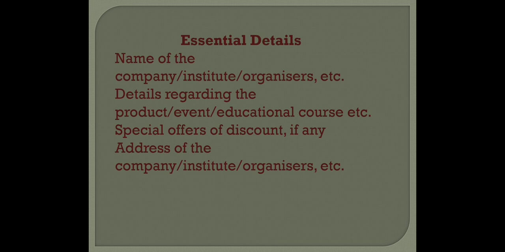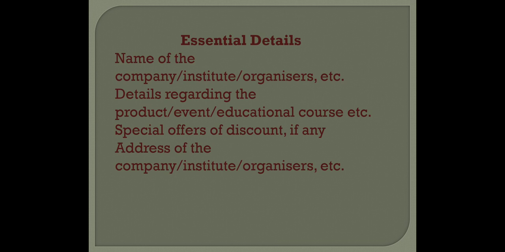Next important point we need to take care of is that we need to clearly mention some special offers. If some discount is there, we need to mention it. If something is free along with that, or if there is something like a first come first serve basis, we need to tell that very clearly in order to make it attractive and more fruitful.